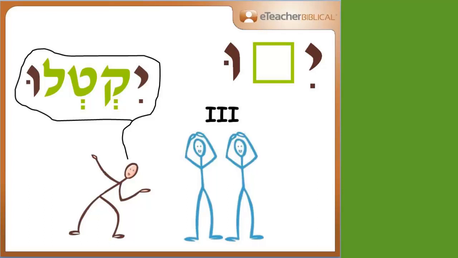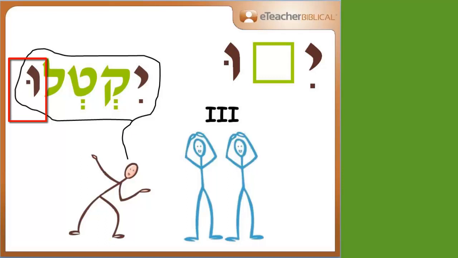Let's continue with the plurals. Here we have the third masculine plural, yiqtelu. As you can see, the prefix is the same yi that we use in the third masculine singular, but in order to distinguish between the plural and the singular, we add the vowel, a shurek, and we read this yiqtelu.